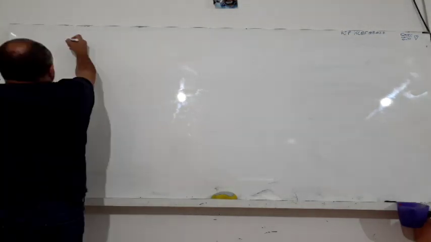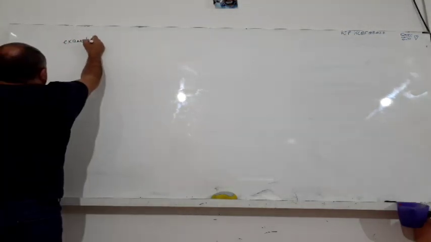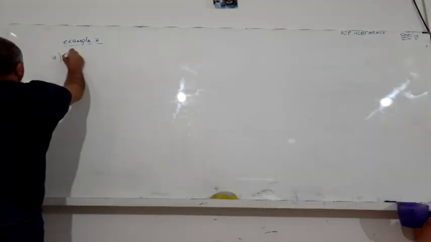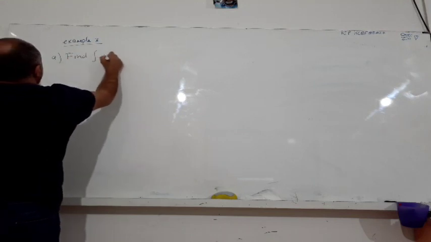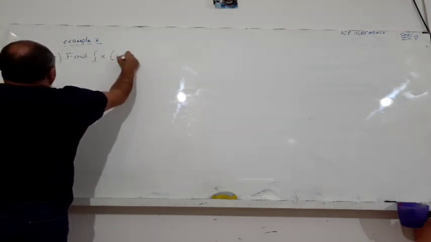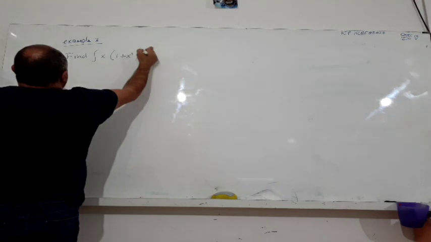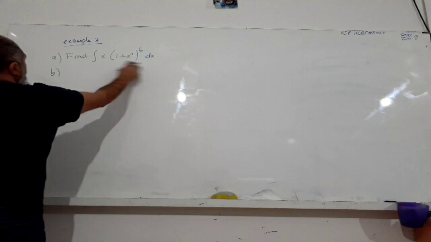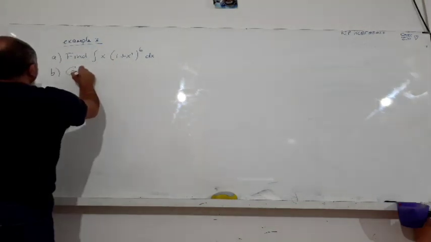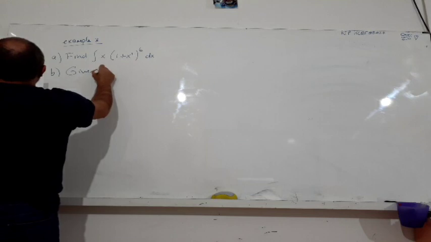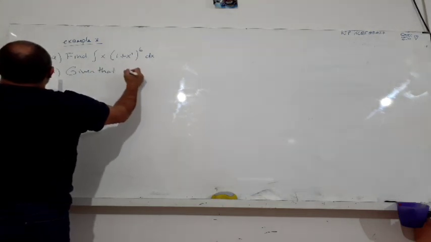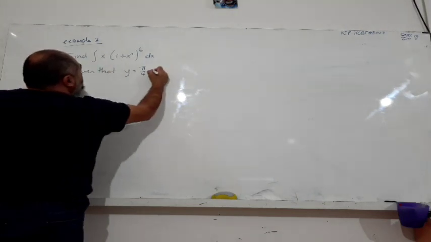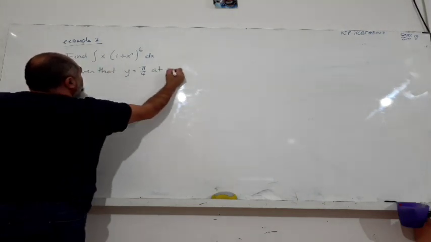Find the integral of x times (1 plus x squared) to the power of 6 dx. Part B, as you see, this is not a differential equation, but now in part B we are going to have a differential equation to solve, and we have, as you see, the boundary conditions to have the particular solution.